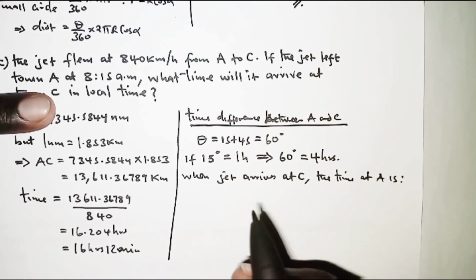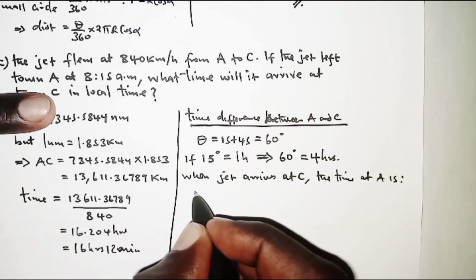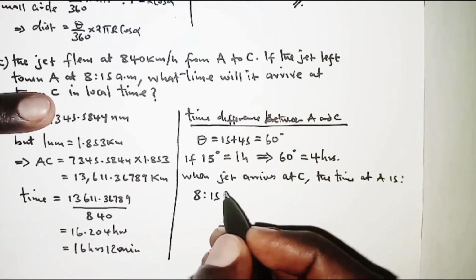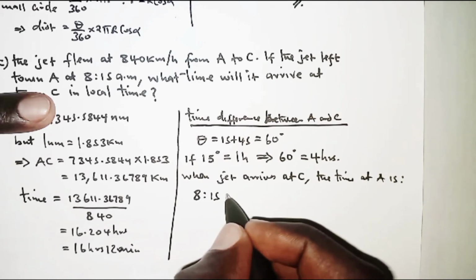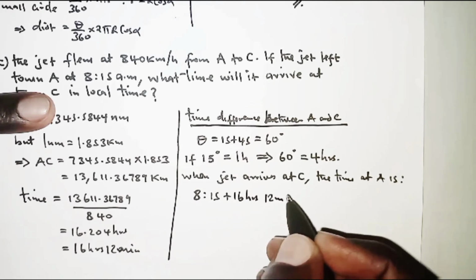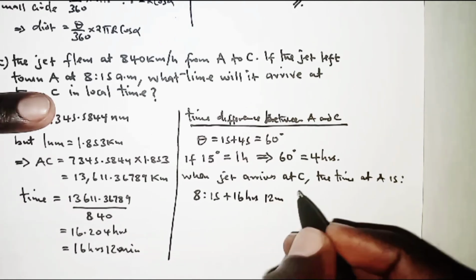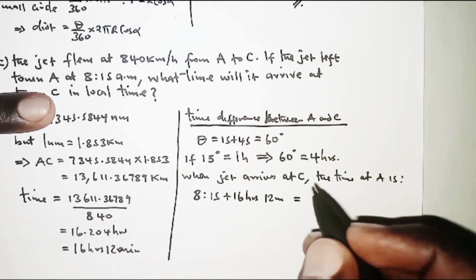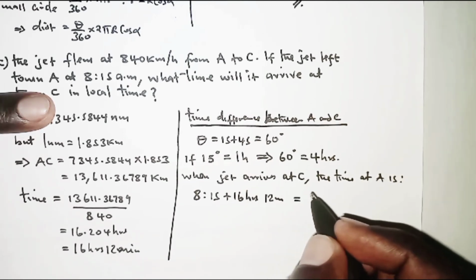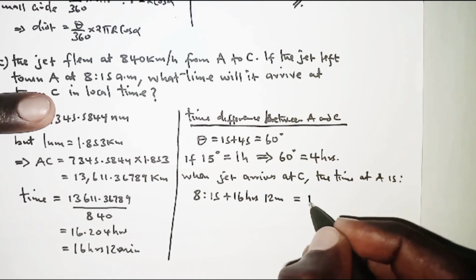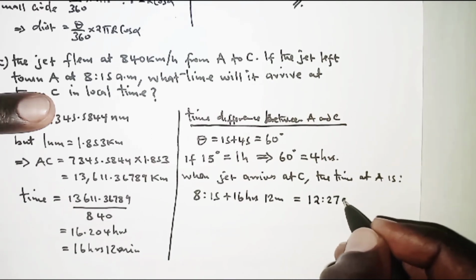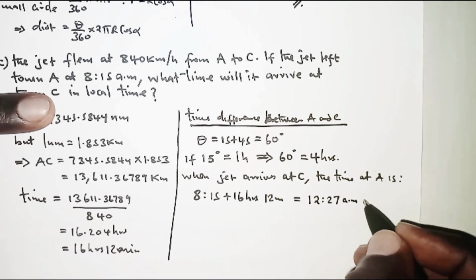So the jet left town A at 8:15 a.m. and took 16 hours, 12 minutes for the entire journey. And that means by the time the jet arrives at C, the time at A is 12:27 a.m. the following day.